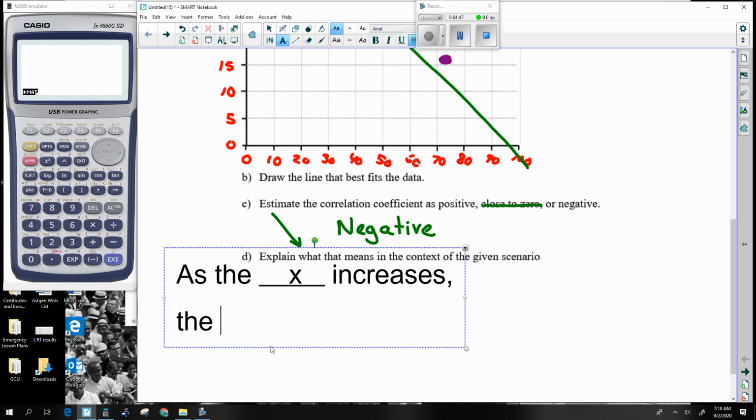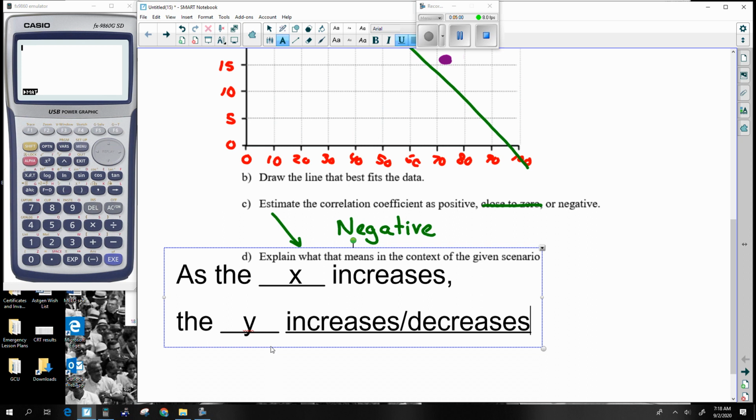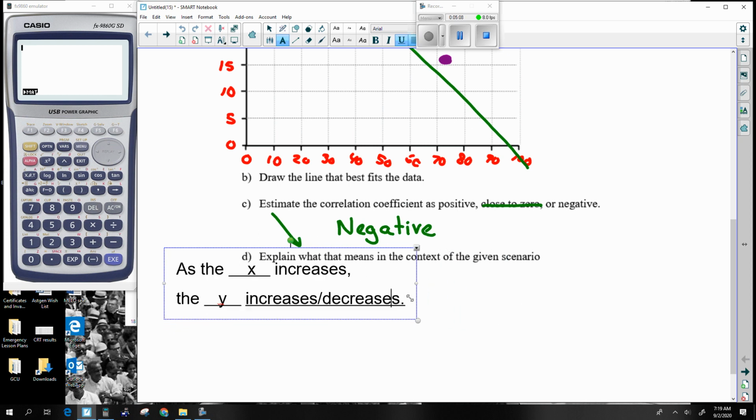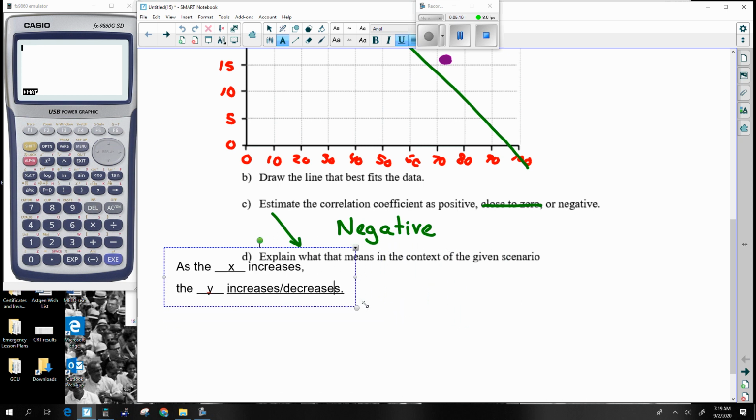The y increases slash decreases. So we have to fill out these 3 blanks in our writing prompt.